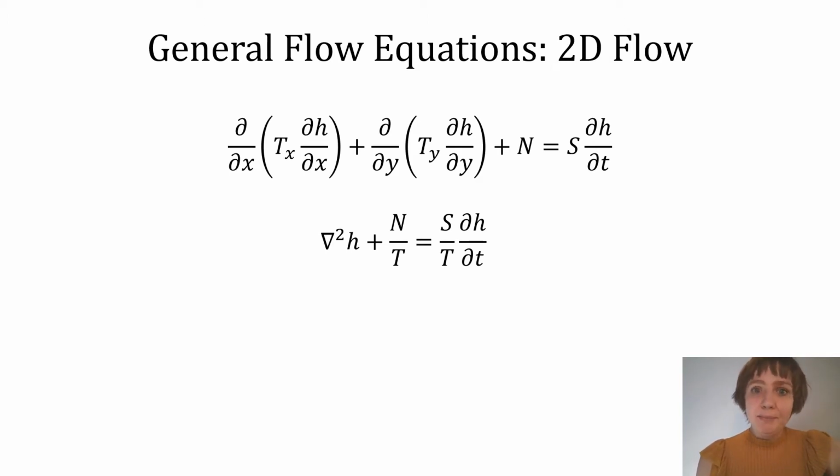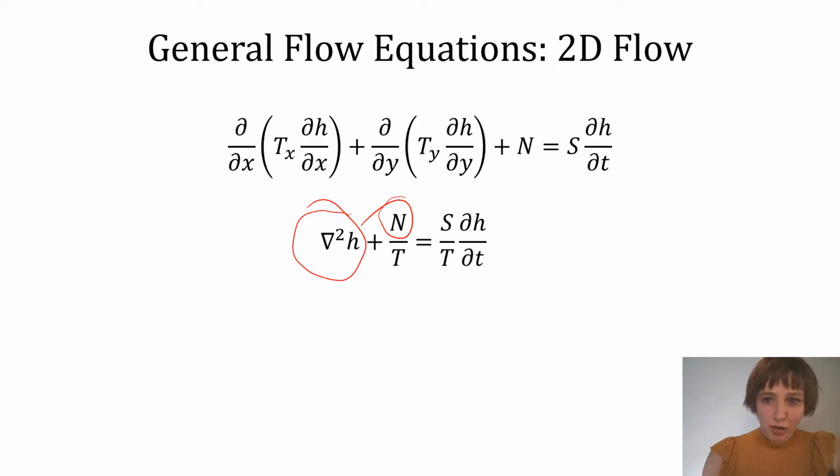Basically, the general equation says that the second spatial derivative of hydraulic head, think of it as the curviness of the hydraulic gradient, plus the net amount of water flowing into or out of our system in the vertical dimension, is related to the ability of the medium to store water and the change in the hydraulic head with time, right?